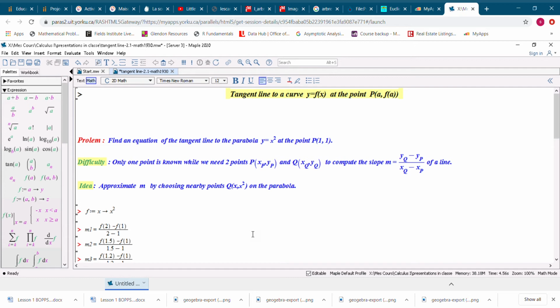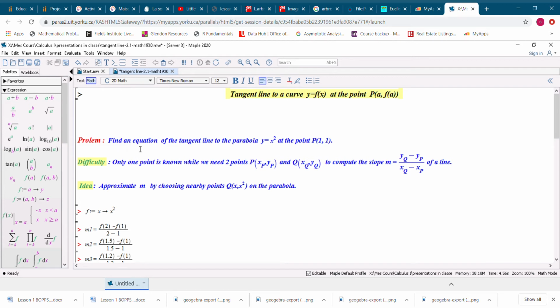So let's try to find a way to extend the meaning of a tangent line. Why is it important? Because if you look at the unit circle, the tangent line is very close to the circle when we are close to the considered point. So this is the purpose.